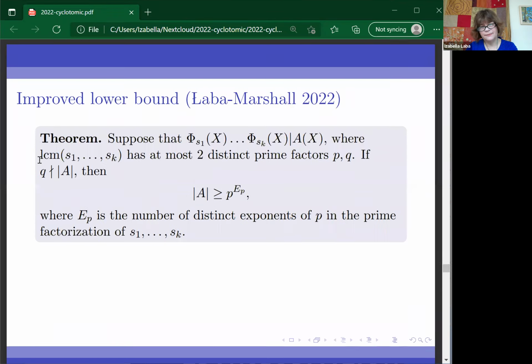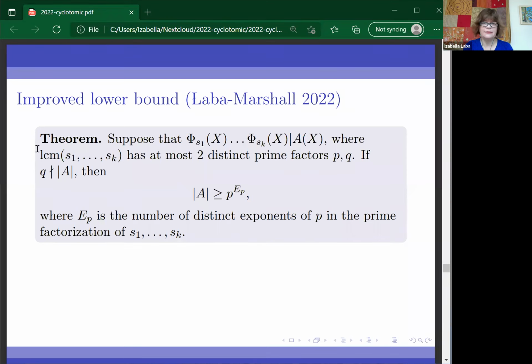So a result that I proved with Łaba and Marshall is that suppose that you have multiple cyclotomic divisors Φ_{s_1} to Φ_{s_k}, where all of the s_1 to s_k have at most 2 prime factors p and q, and those factors need to be the same for all of the s's.